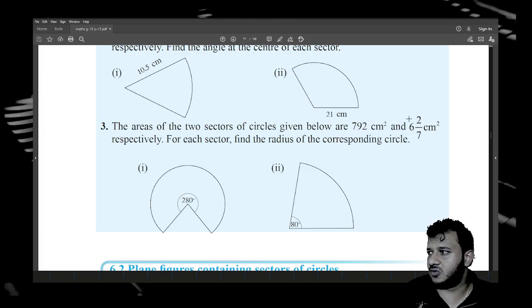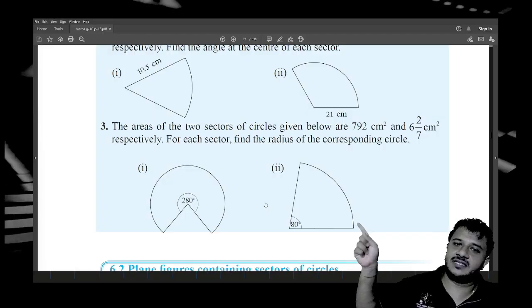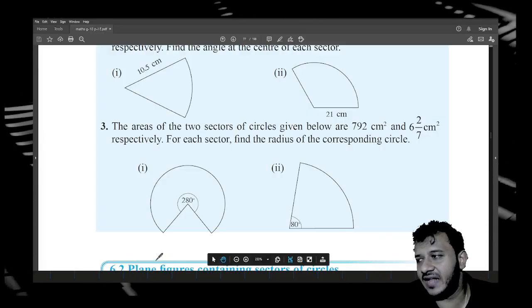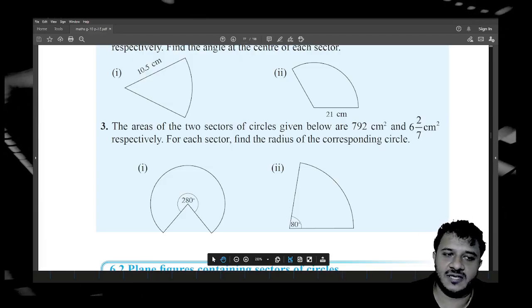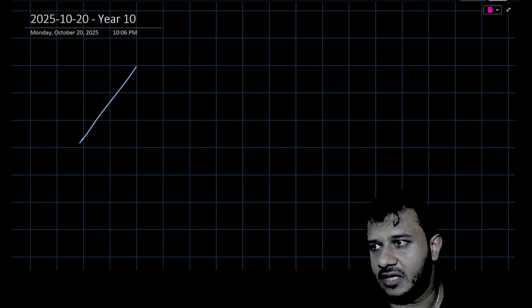Okay. So 6 2 over 7 is the area of this sector. That's what they are telling us. And that sector has a central angle of how much? 80 degrees. 6 2 over 7 with a central angle of 80 degrees. So let's draw it quickly.